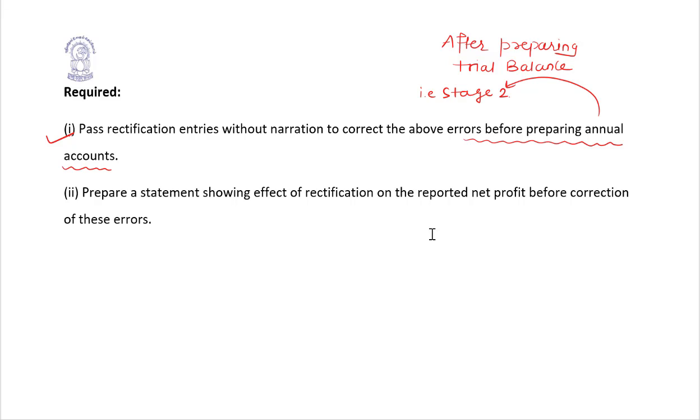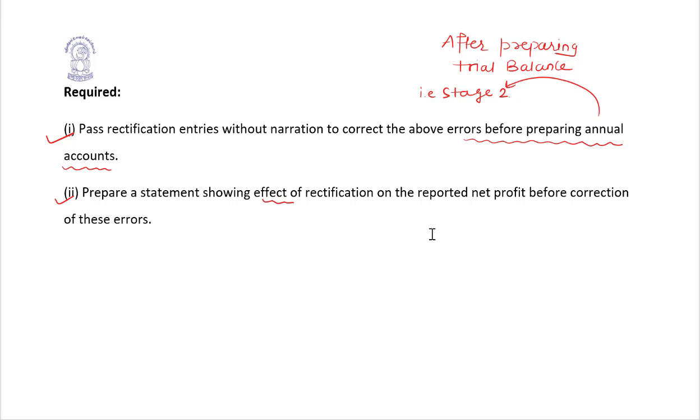My dear students, I told you that rectification of errors can be bifurcated particularly in 3 stages. The first stage talks about detection of errors before preparation of trial balance. The second stage talks about detection of errors after preparing trial balance. And the third stage talks about detection of errors after preparing annual accounts, that is income statement and statement of financial position, which means profit and loss account and balance sheet. I hope you agree to it.